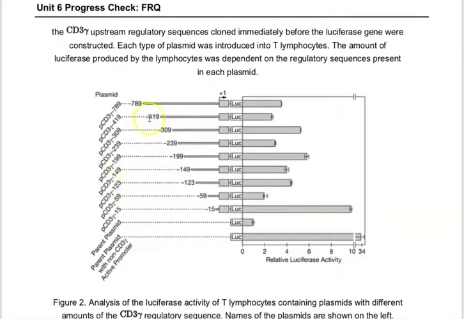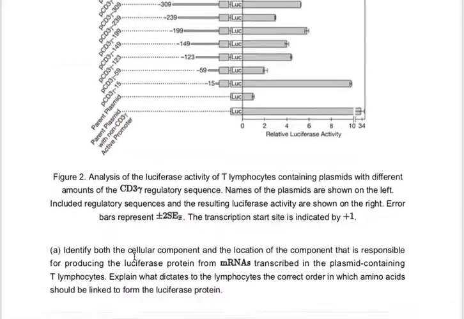So for example, this one over here, the 59, probably is the one that contains the most negative regulatory sequences, because look at this, it results in the production of very little luciferase, rather than this one that results in the most production of luciferase, of course not taking into account the positive control, because this one does not contain the actual regulatory sequence. It contains no sequences. Okay, hopefully that makes sense.